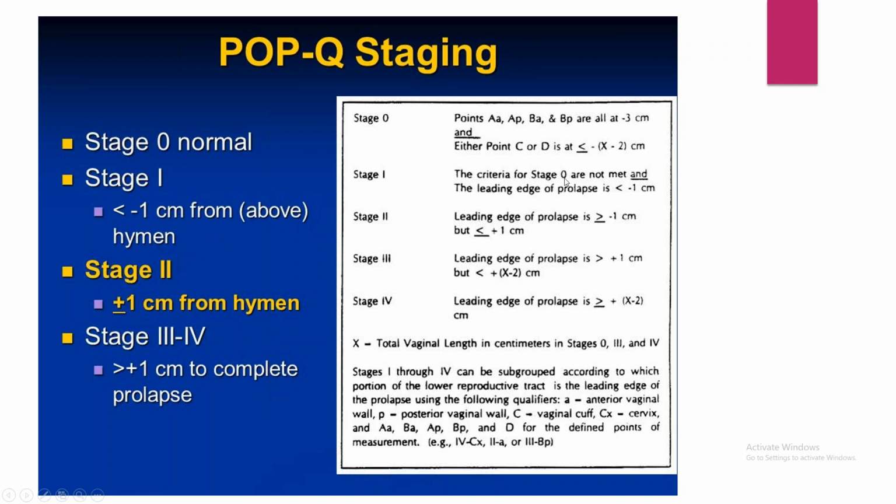When the criteria for stage 0 are not met and the leading edge of prolapse is less than -1, so above -1 and below the stage 0 range, it will be stage 1. So for a 9 centimeter vaginal length, it will be between -1 and -7. Clear? So it will be from -2 to -6.